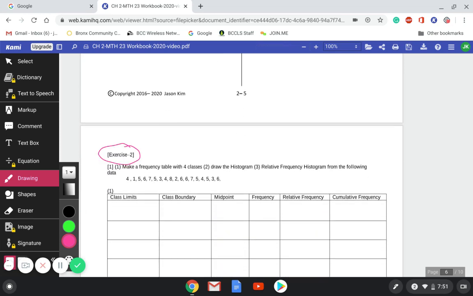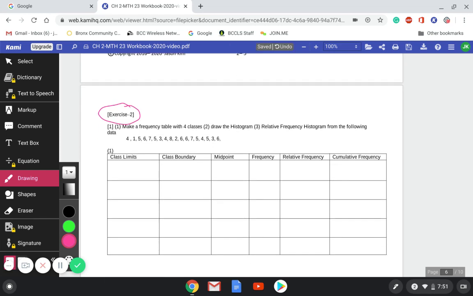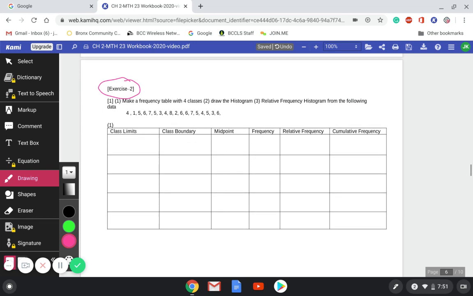Those are the ones that you need to do, with step-by-step solutions of all the exercises at the end of the lecture notes. So try this on your own and then check your answer with the solution set at the end of your workbook.